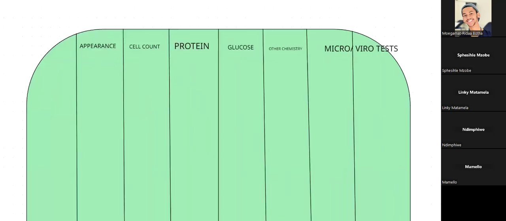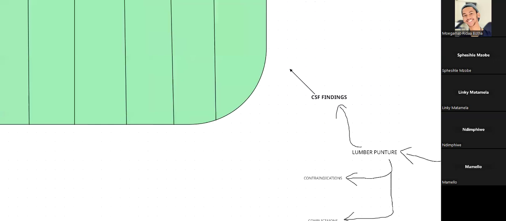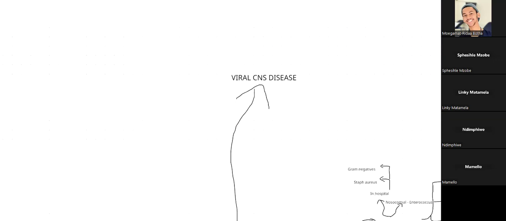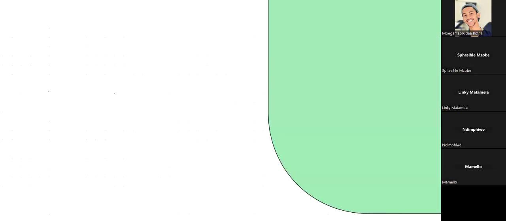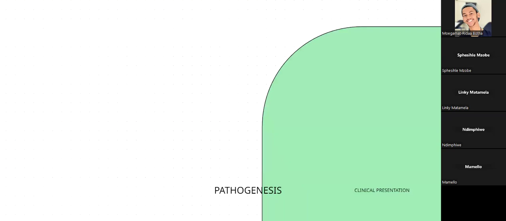Hopefully in the last session, which is quite challenging, is to understand viral CNS disease: pathogenesis, clinical presentation, diagnosis, and treatment.